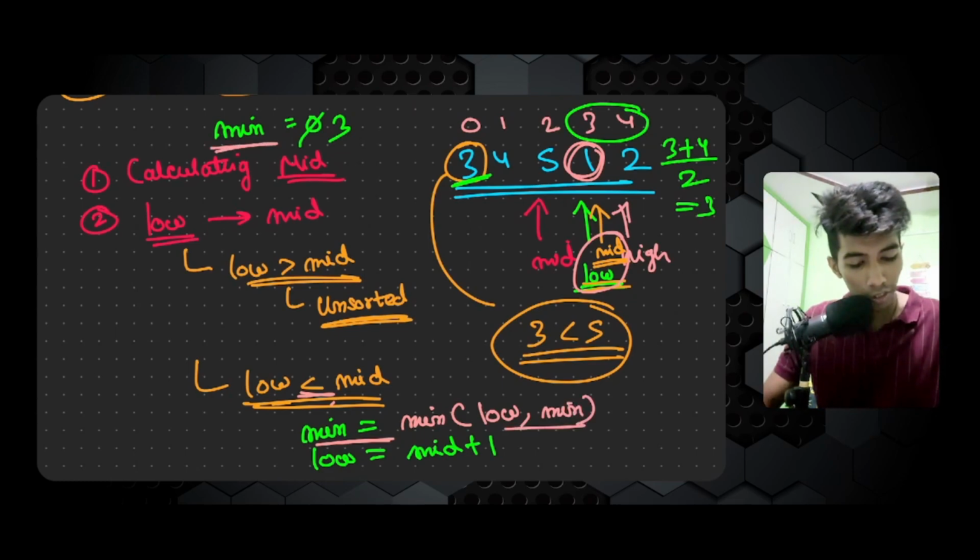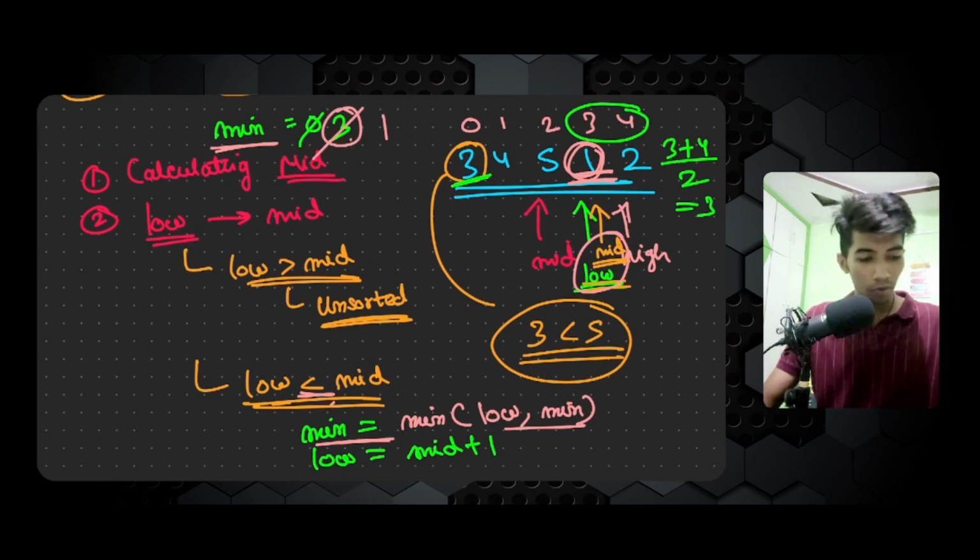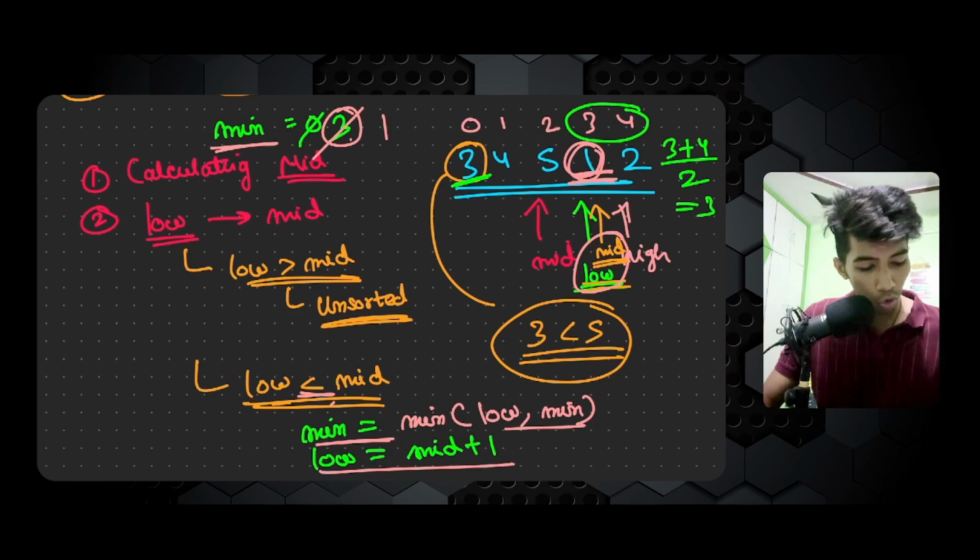In this case, I will be comparing this 3 with this 1. If this minimum is greater than this value, then I will change it to 1. Easy guys, easy. And after that we will be shifting our low to mid plus 1. So my low will be over here.